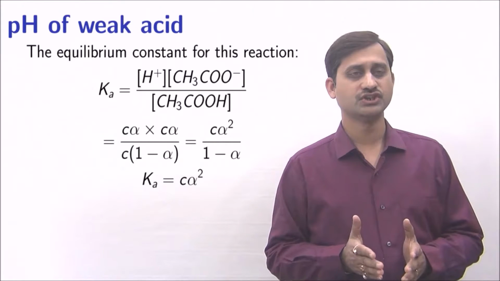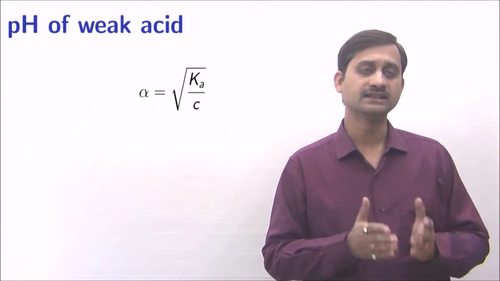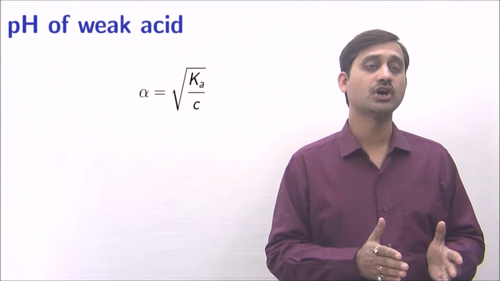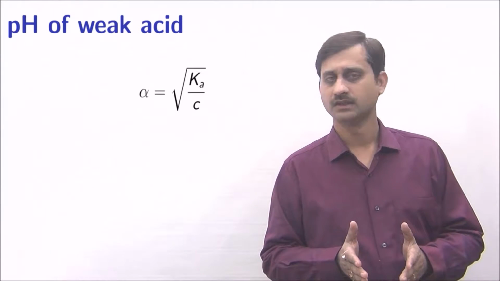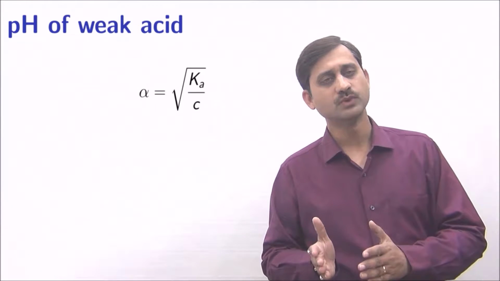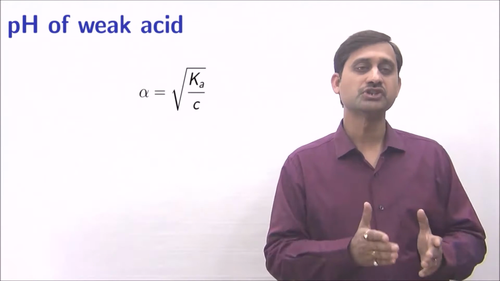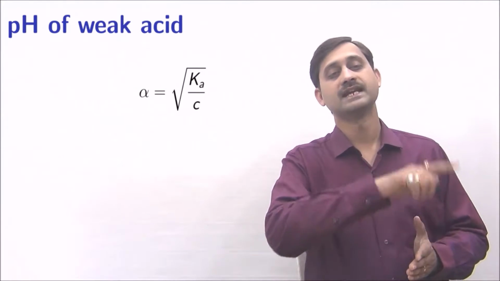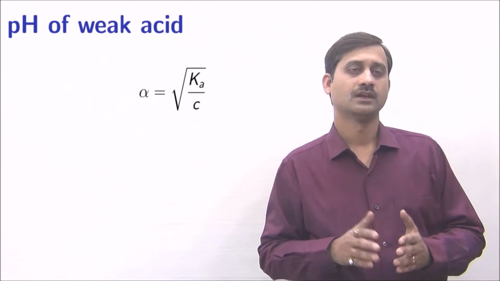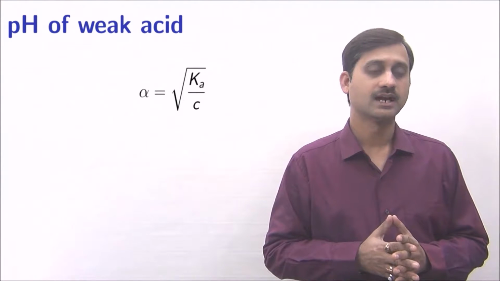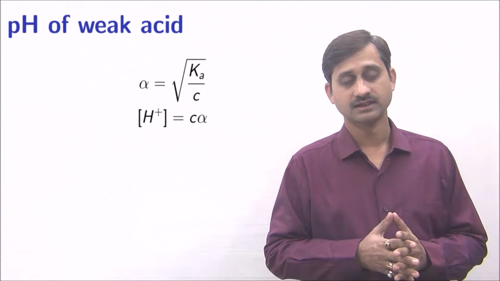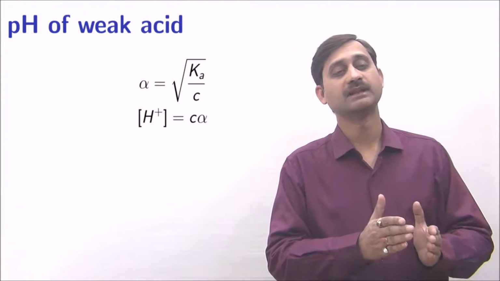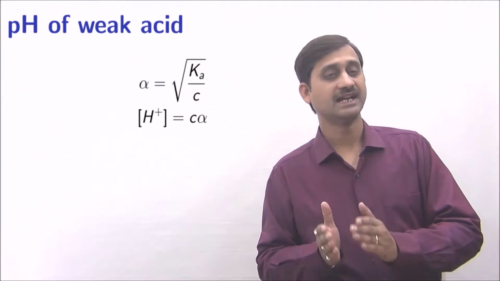The degree of dissociation can be represented in terms of dissociation constant and concentration. Alpha is simply equal to the dissociation constant divided by concentration, and the whole taken to the square root. The equation suggests the concentration of H plus is concentration multiplied by degree of dissociation, that is C alpha.